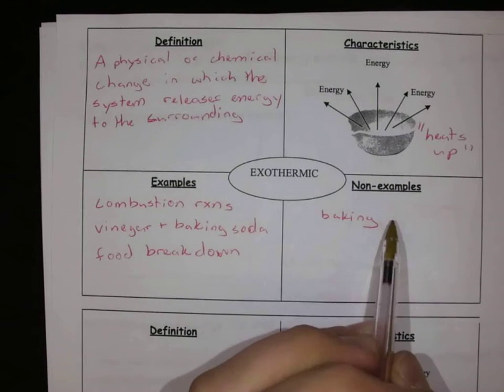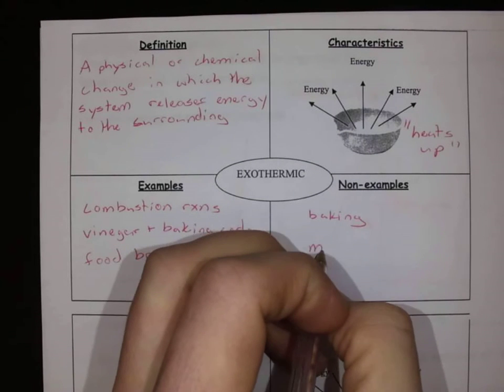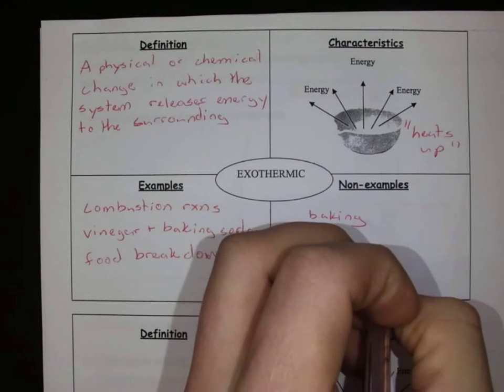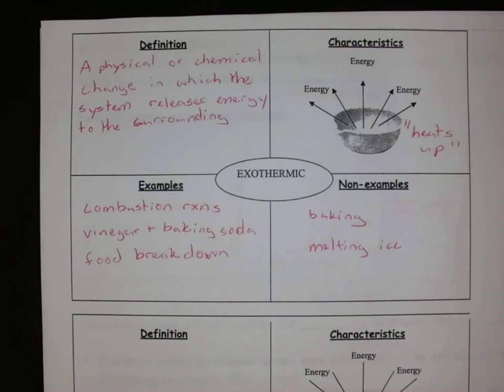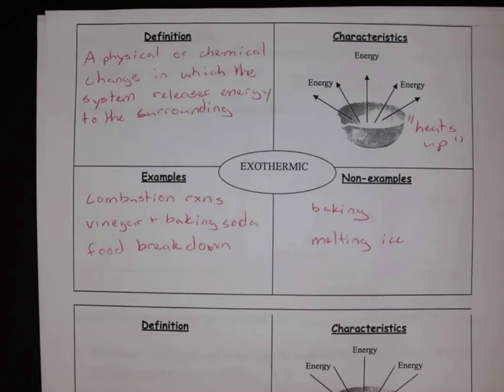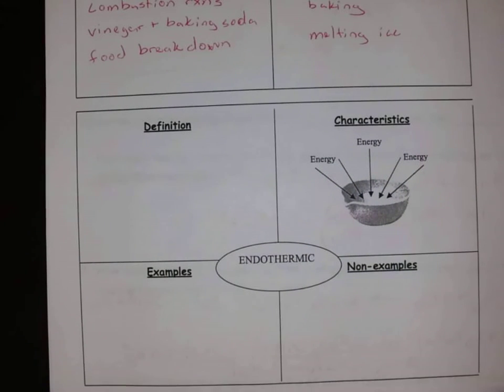So baking wouldn't really be a very good example of an exothermic reaction at all, okay? We would also think about melting ice, right? This is a non-example as well because, to melt the ice, we have to put energy into that system, okay?